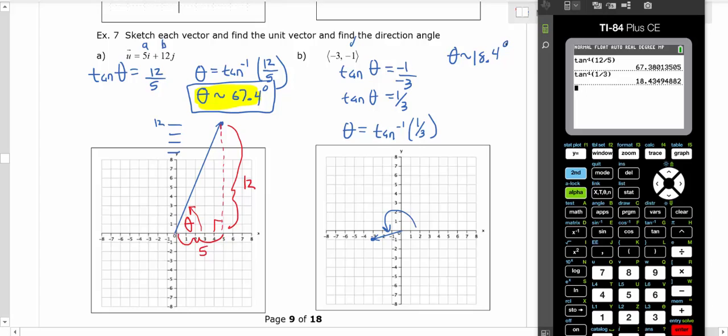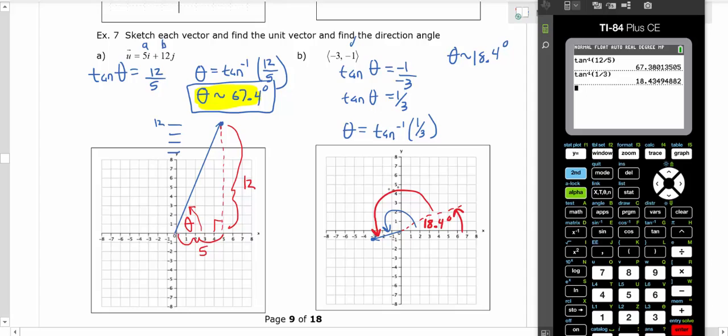Okay, so here's the deal on this problem. If you extended this vector in the opposite direction like this, that 18.4 is actually that angle right there between the x-axis and that. So we want to get the entire angle. What we have to do is take the 18.4, then go another 180 degrees.